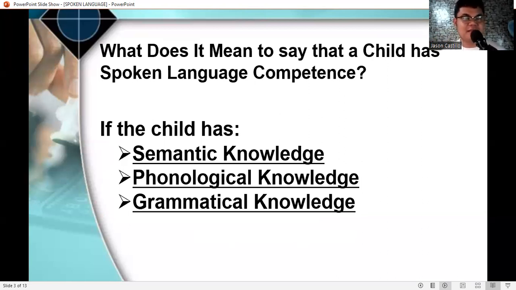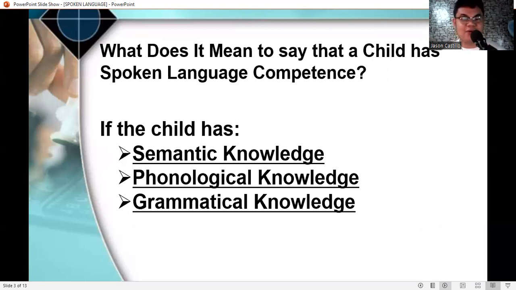Another thing is phonological knowledge. The child can pronounce these words correctly. Of course, when we say correctly, we are referring to a particular culture. For example, in the English language, we cannot say that this pronunciation is right and this pronunciation is wrong as long as there is a culture that is accepting this pronunciation.